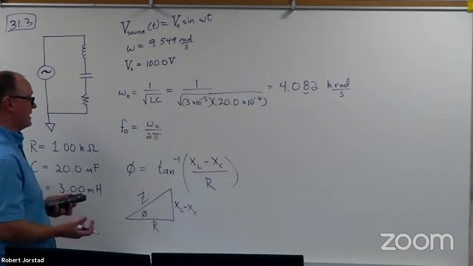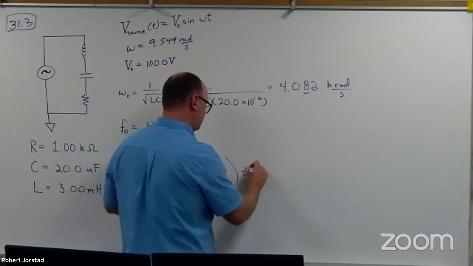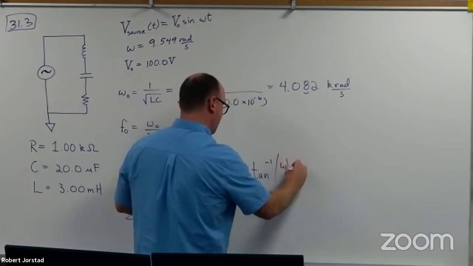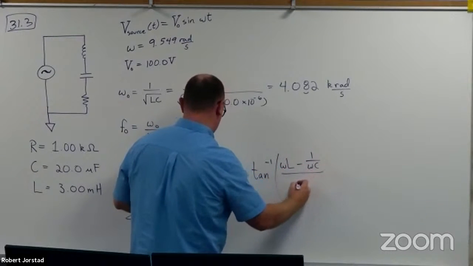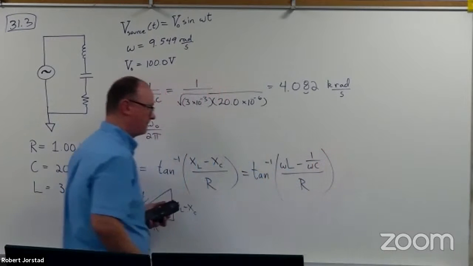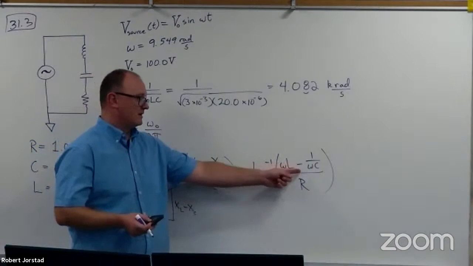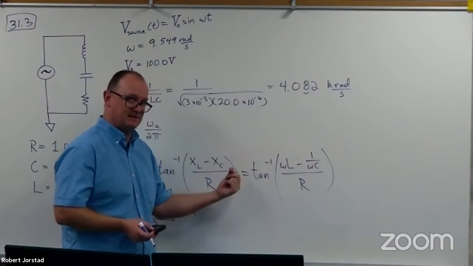Well, in this case, wait a minute. I need to know what XL and XC are. Well, I happen to know that's omega L minus 1 over omega C all over R. And I want to leave it this way. So keep in mind, if we have the capacitor dominating the circuit, we'll get a negative phase angle.